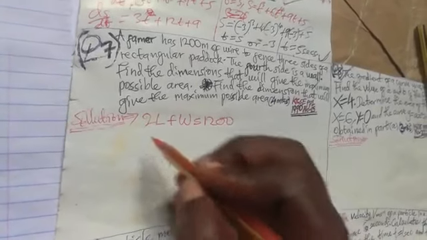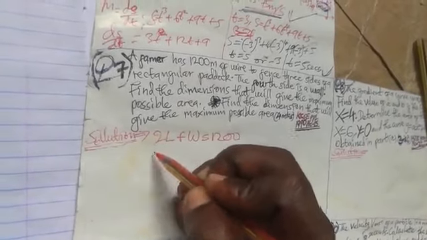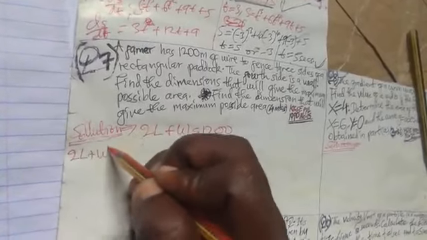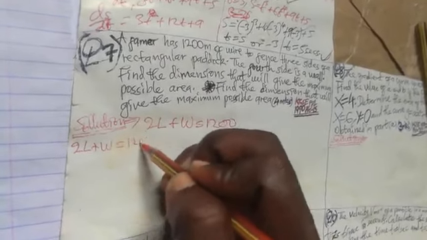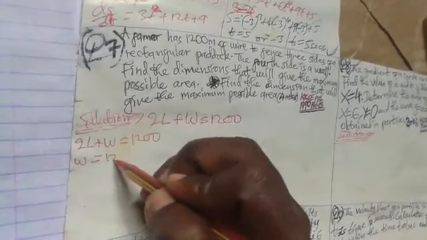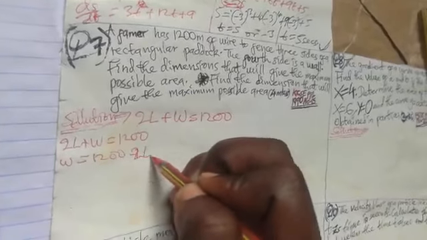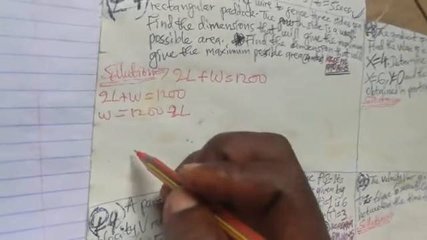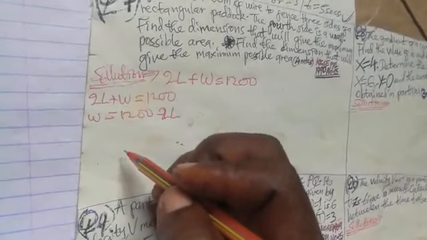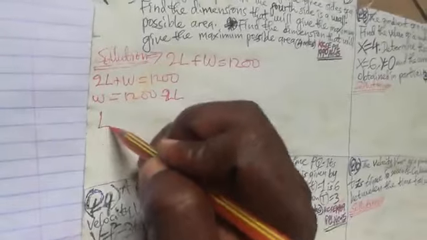Therefore we say 2L plus W is 1,200. Width is the same as 1,200 minus 2L. From here we can express the area of the paddock in terms of length.